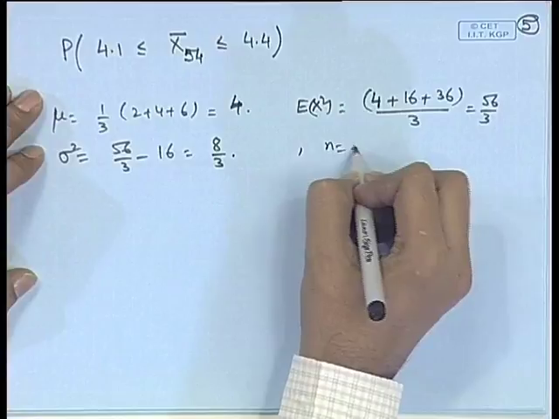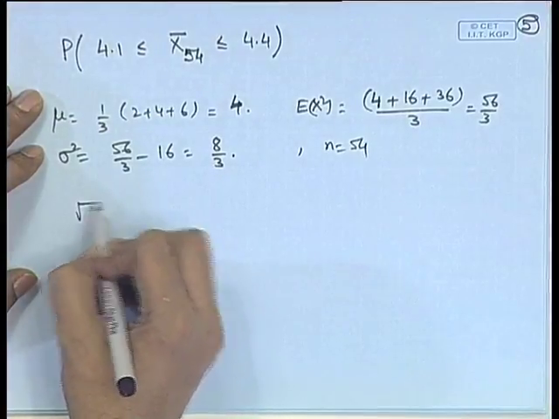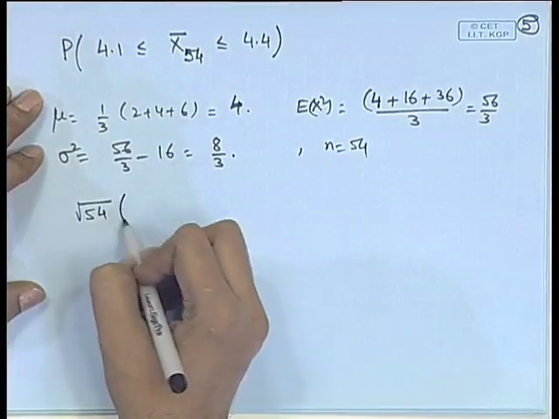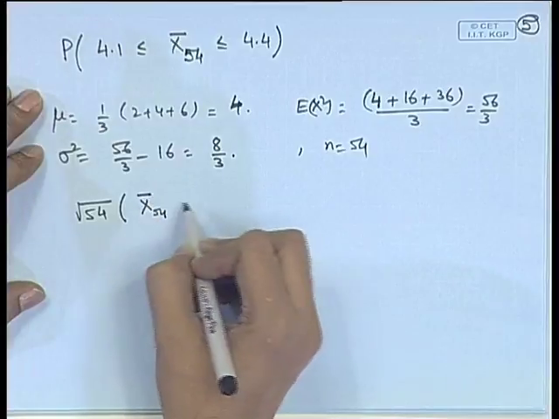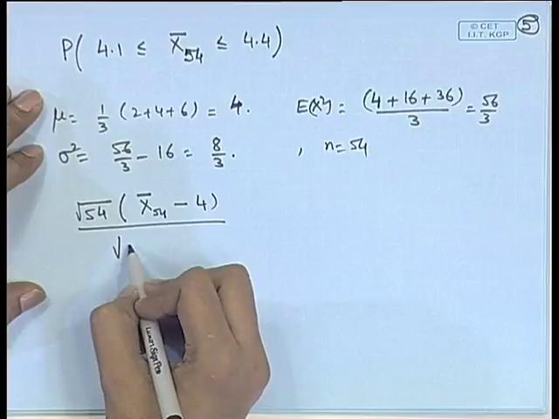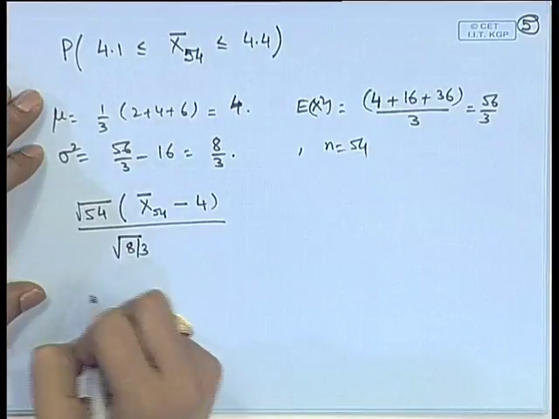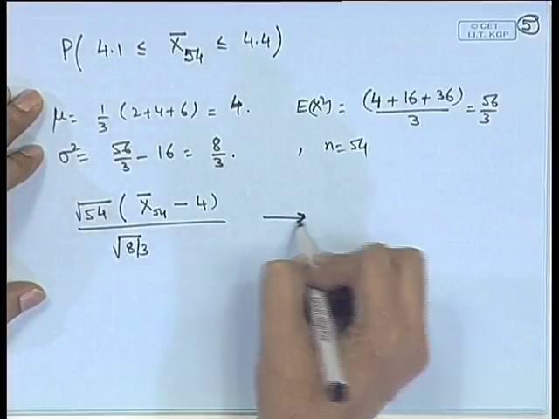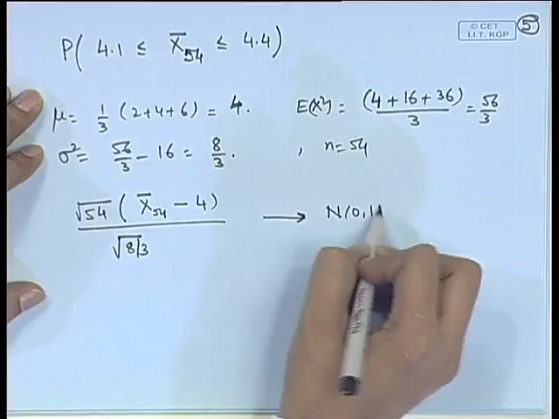And n is here 54. So, we have the distribution of root 54 into (X 54 bar minus 4) divided by root 8 by 3. This will be approximately normal 0, 1.